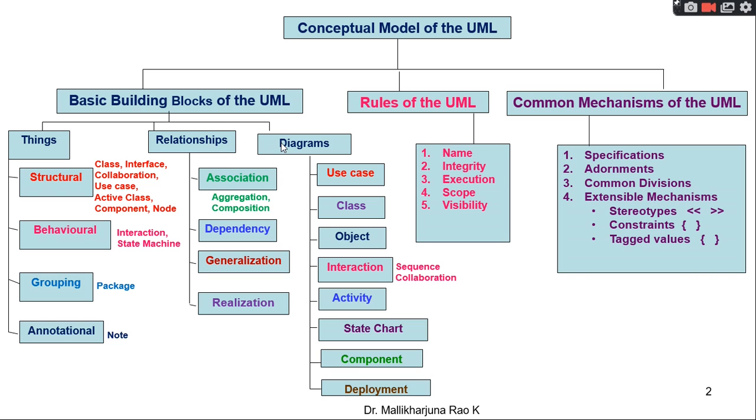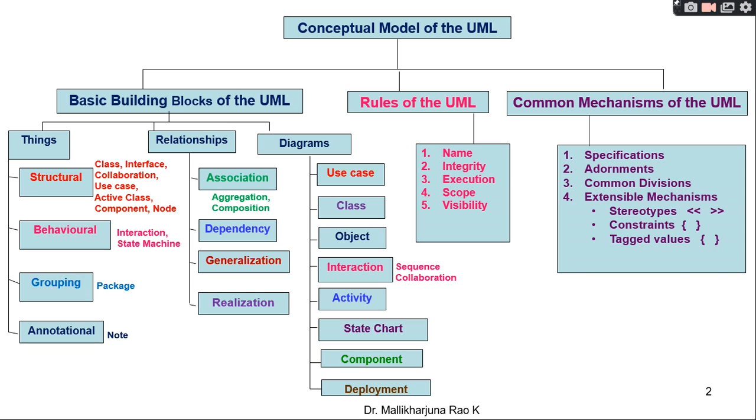The next one is diagrams. The major purpose of the UML is designing a diagram for the end user or client. We are used to using software, but how is it developed or engineered? In software development, different people are involved.